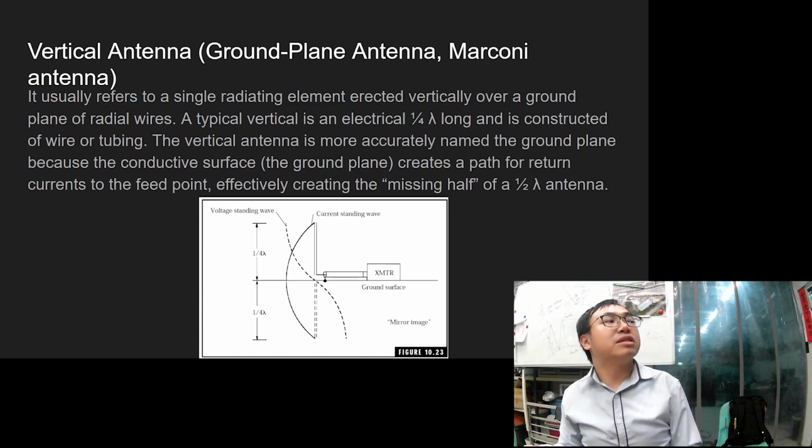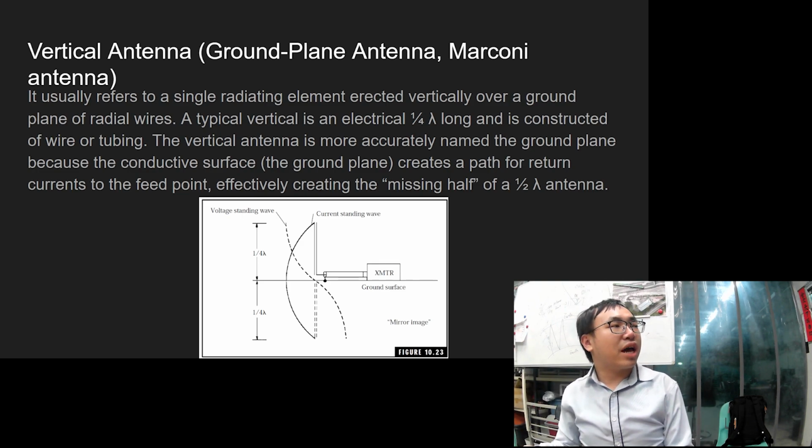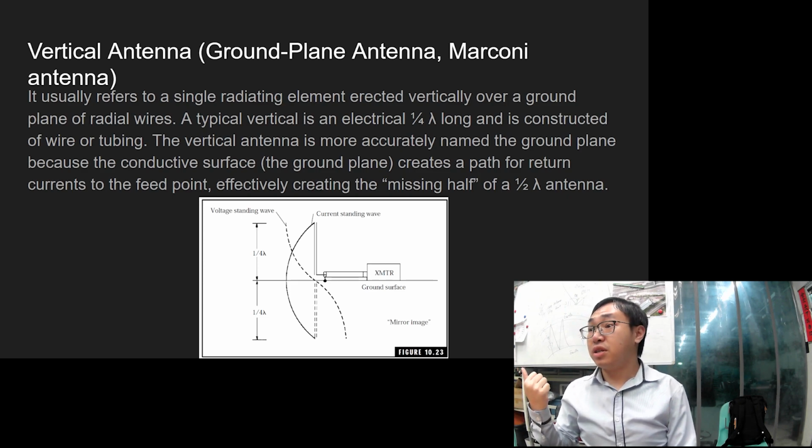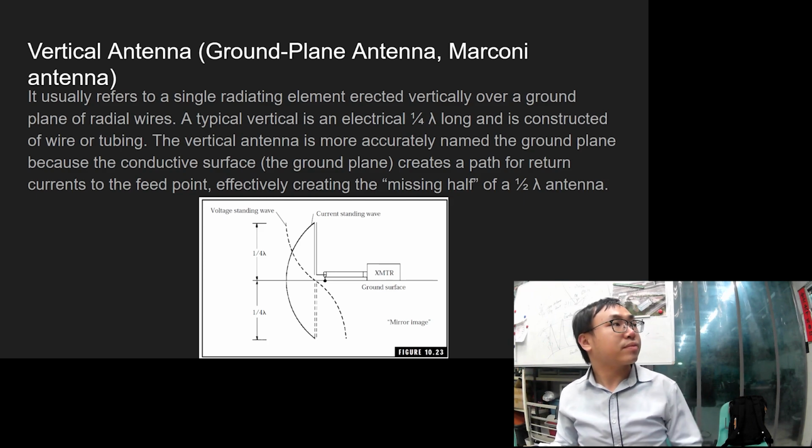Vertical antenna. By the time I studied my notes, I found it is not written very well. They don't have a very good illustration, so I couldn't understand it. They say that they use the Earth as another part of the dipole. When I looked at the textbook, I finally realized how they make use of it.